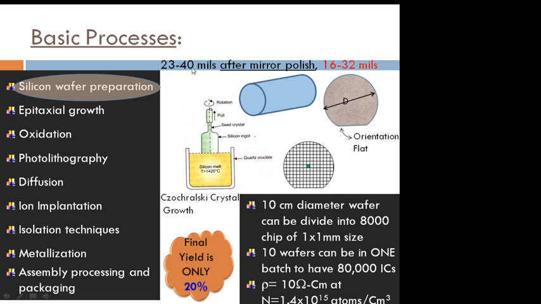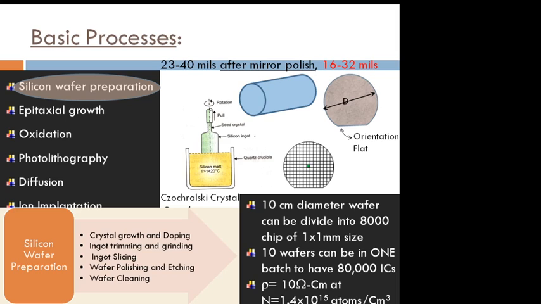So the 23 to 40 mil thickness of the slice, after mirror polish, becomes somewhat 16 to 32 mils. Let me remind you again, 1 mil is roughly 25 micron, and this is a very small thickness of the IC.